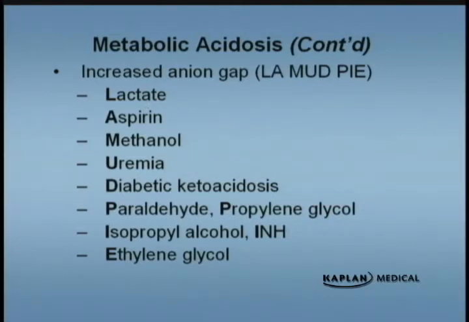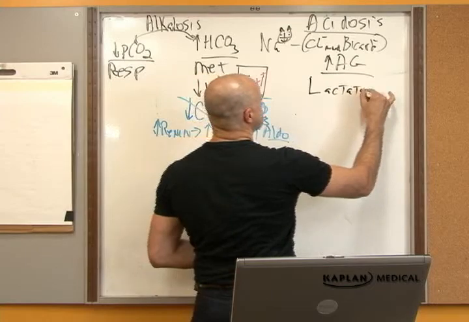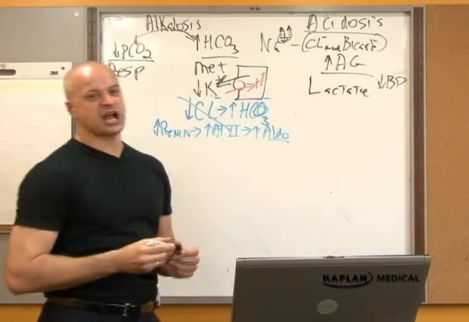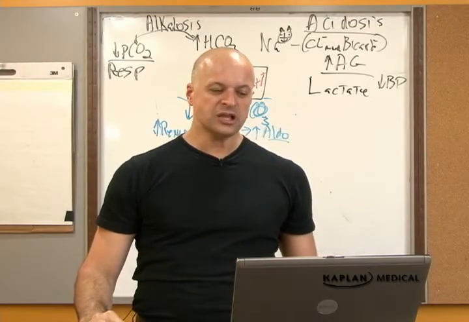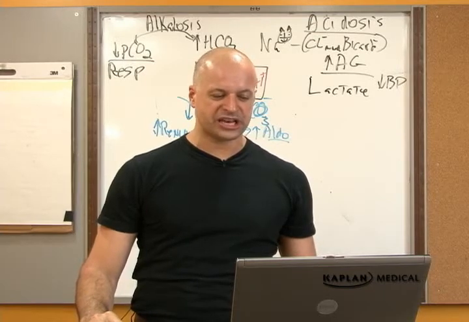This basically means that you are having an increase in your amount of lactate because you have hypovolemia, hypotension, some form of shock, hypovolemic shock, hypotensive shock. Methanol and ethanol and ethylene glycol.